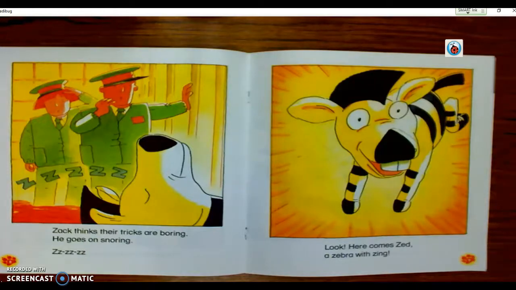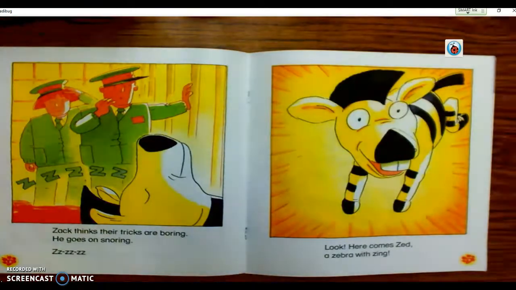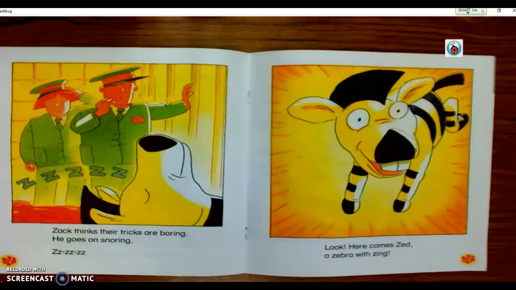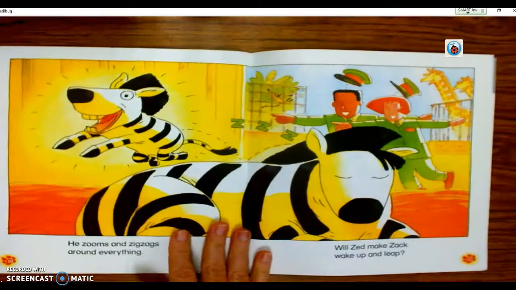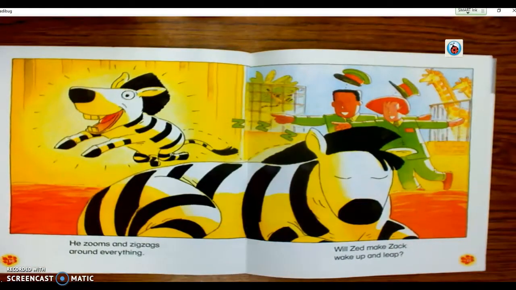Look, here comes Zed, a zebra with zing. That means he is full of energy. He came jumping in there. They brought him in to try to wake up Zach. He zooms and zigzags around everything. Will Zed make Zach wake up and leap?